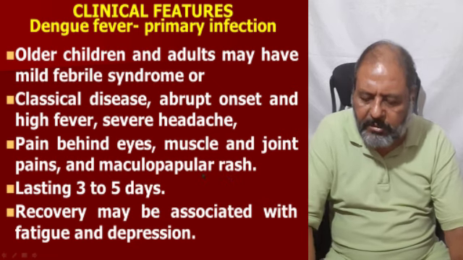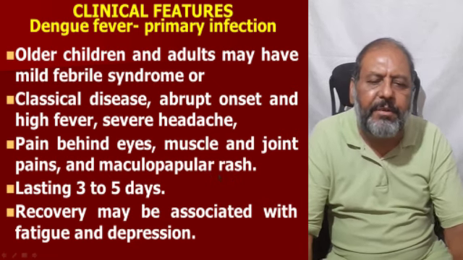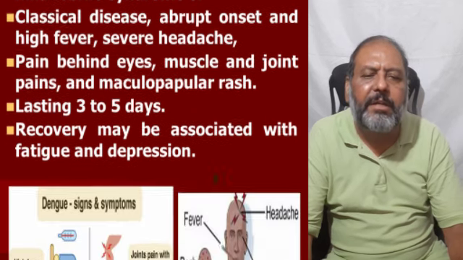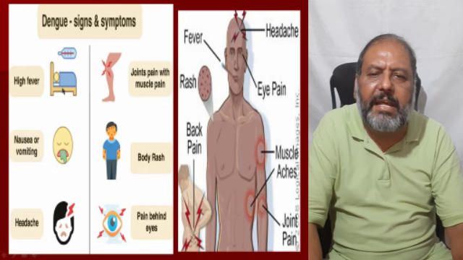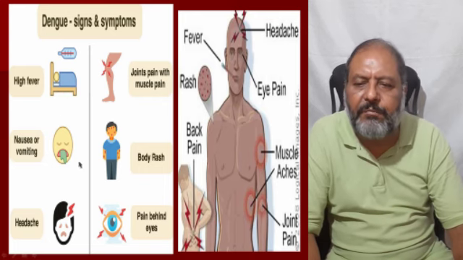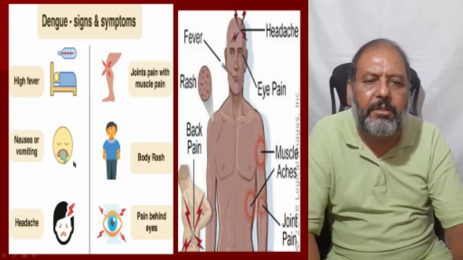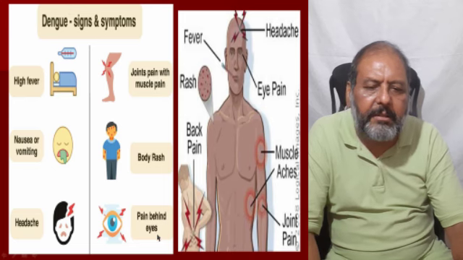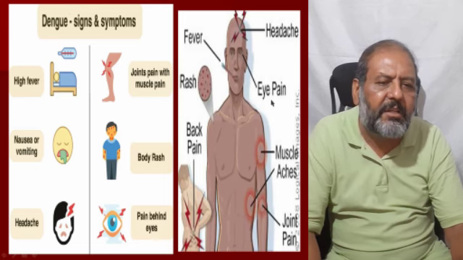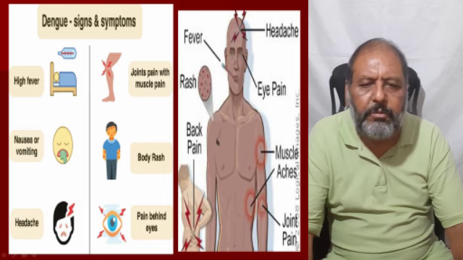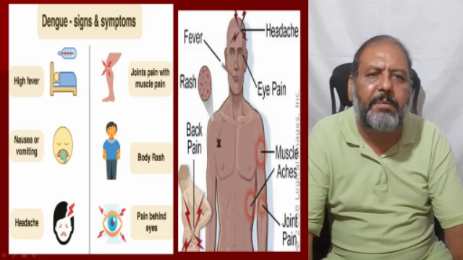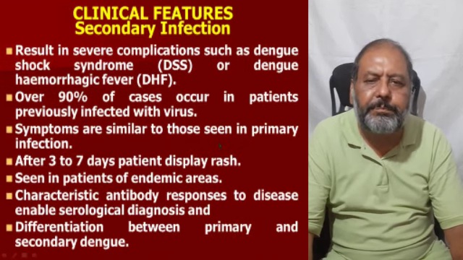These last for 3 to 5 days, and recovery may be associated with fatigue and depression. Here one can see again the dengue sign and symptom: high fever, nausea, vomiting, body rash, joint pain, headache, the pain behind eyes, the muscle ache, and all these are just giving you some clue that the patient may be having the dengue fever.